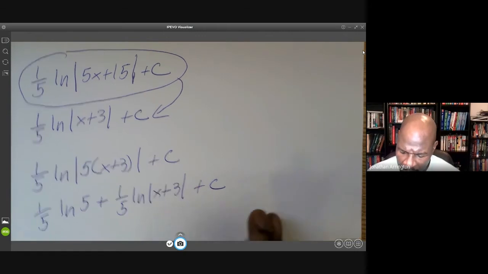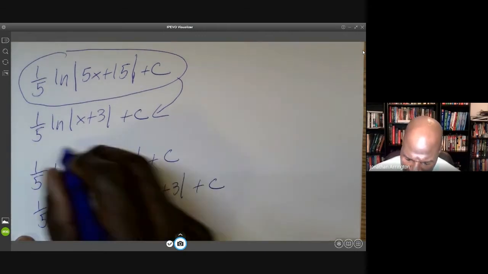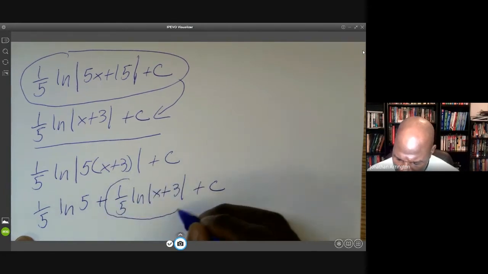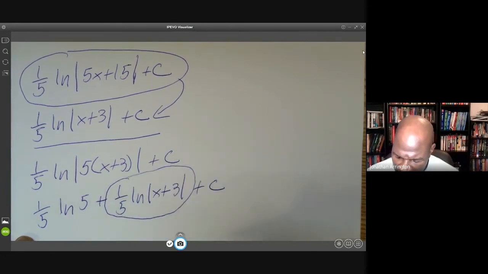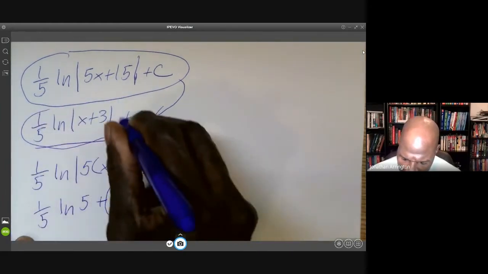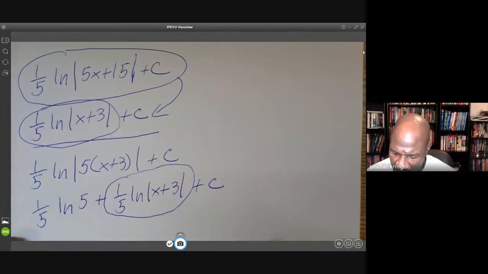Now it's looking more and more like the other one. Again, we have here 1/5 ln of the absolute value of x plus 3.